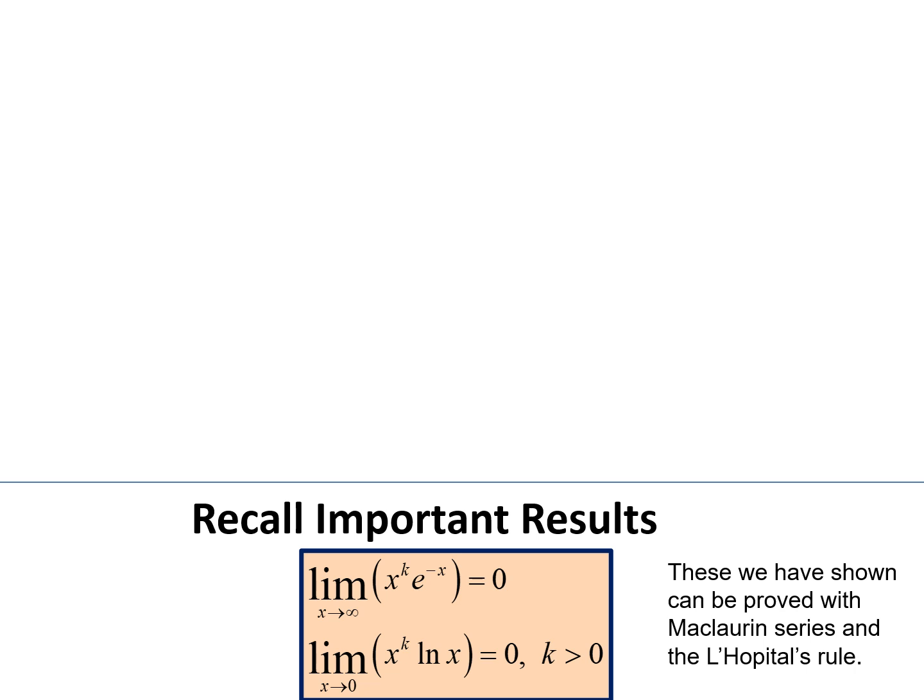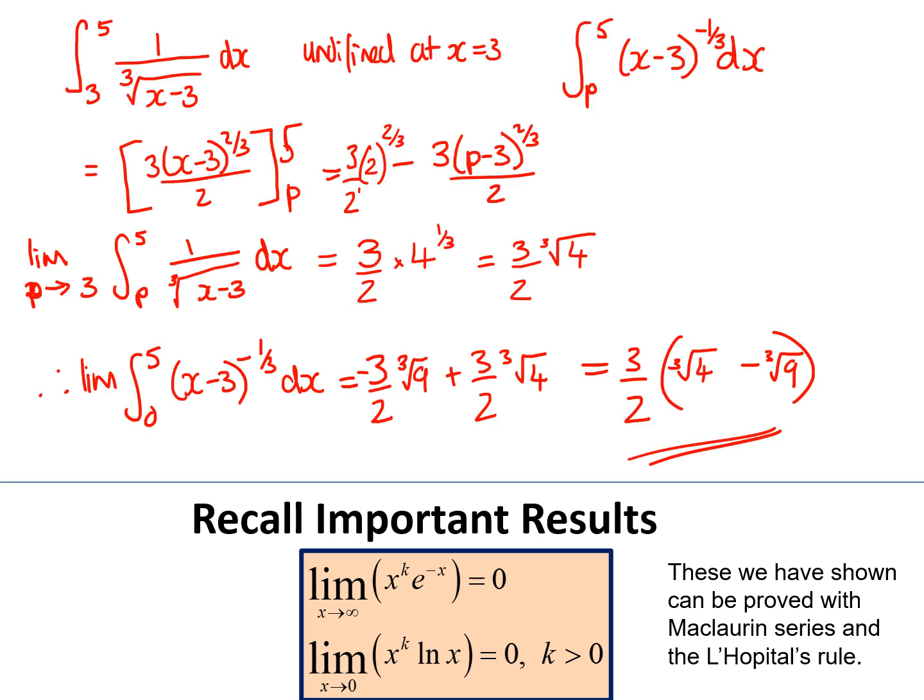And similar with the other strand of that, 3 to 5. No, I don't like that. Don't like the way I've done that. So what we say here, as p tends to 3, that gives me this here, which is that. So therefore the limit must be those two values added up, which comes to the final answer there.